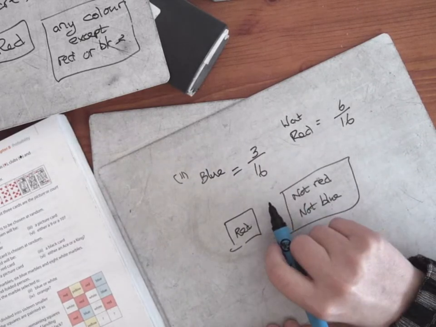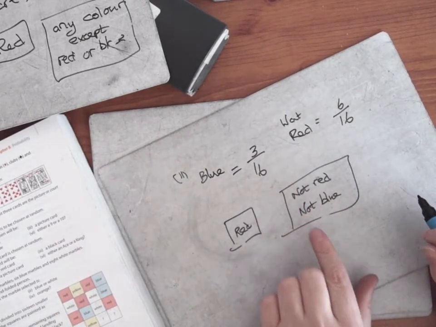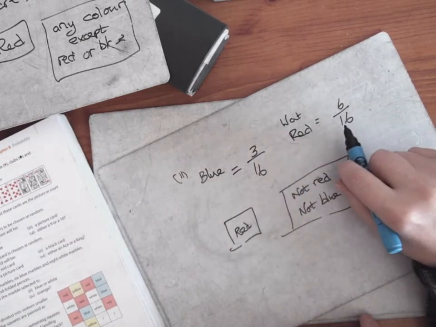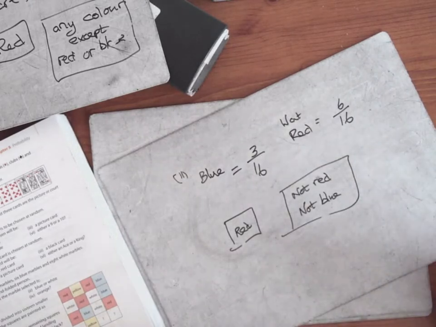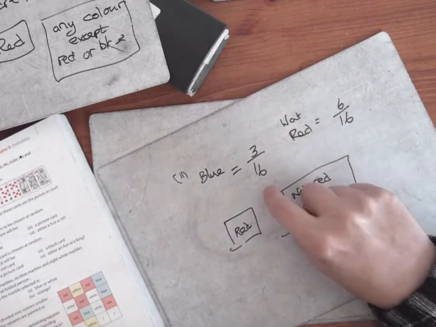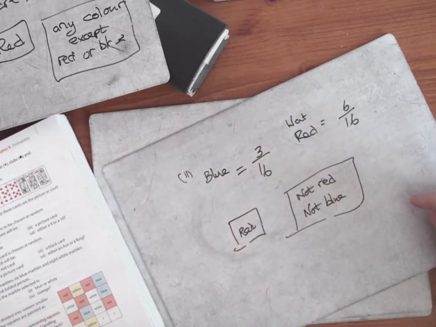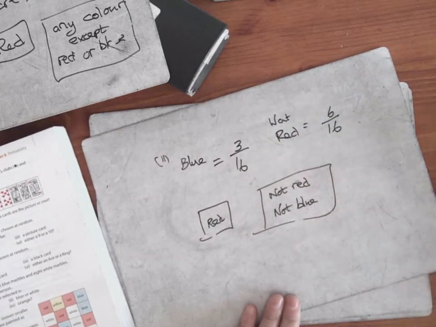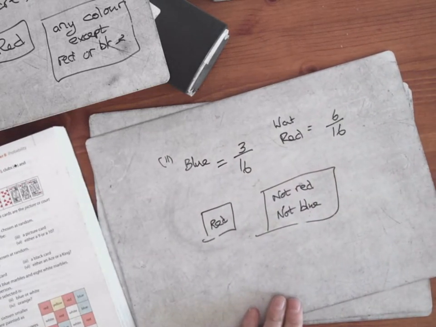And you're not allowed to paint it red, because if you paint it red, it's going to be 7 out of 16, which will not be double that. Okay, so that's all that question is, just a bit of thinking.